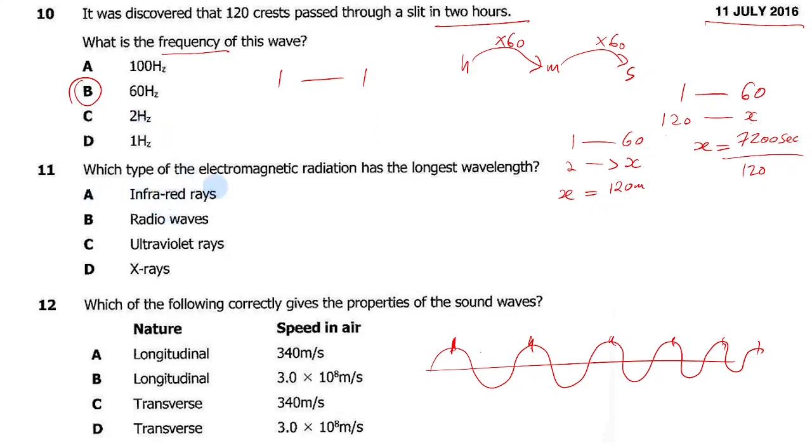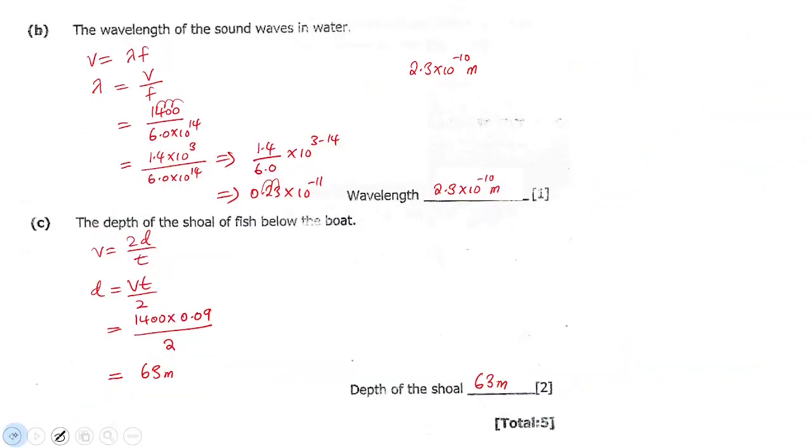Then 11, they are saying, which type of electromagnetic radiation has the longest wavelength? It is radio waves. I already explained this. 12 says, which of the following correctly gives the properties of the sound waves? So sound waves, these ones here, they are longitudinal. Then speed in air, I mentioned this one recently.